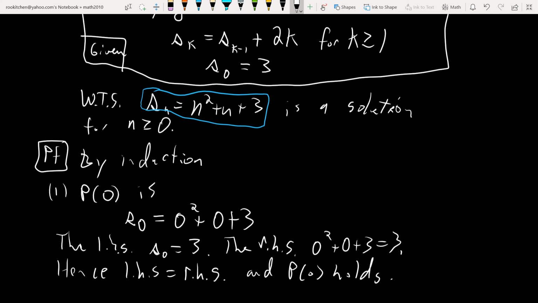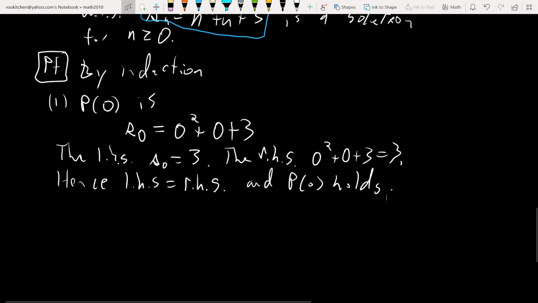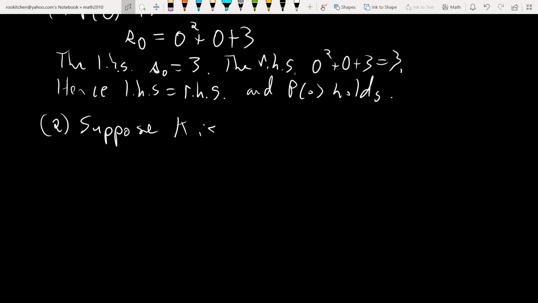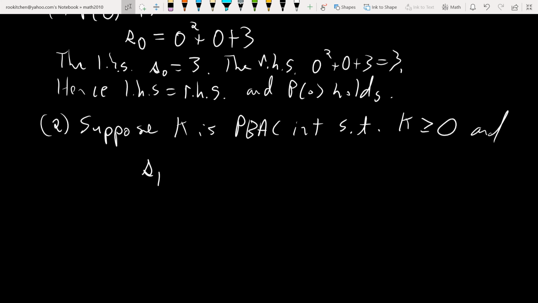Now we go on to our inductive step, part 2. We make a supposition: k is an integer such that k is greater than or equal to 0, the value from the basis step, and P of k is true, so S sub k equals k squared plus k plus 3.